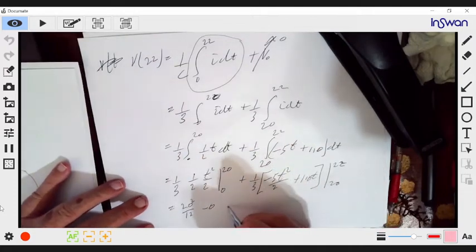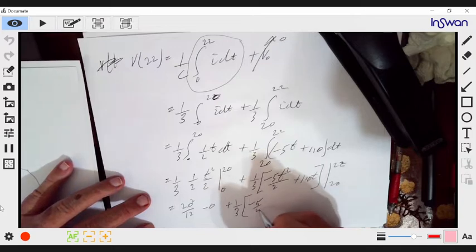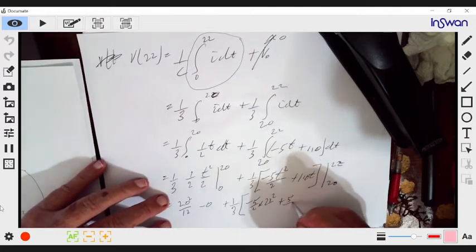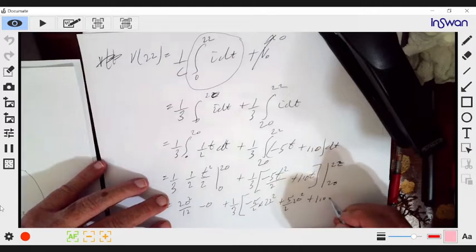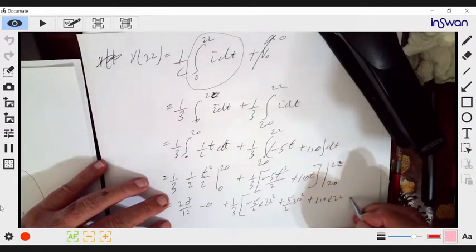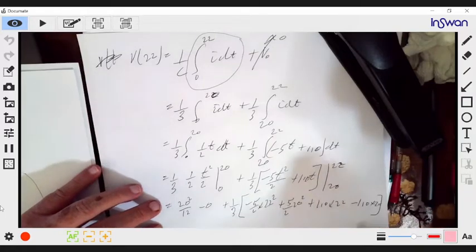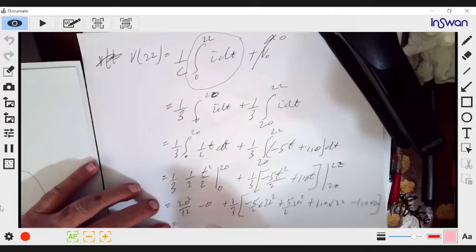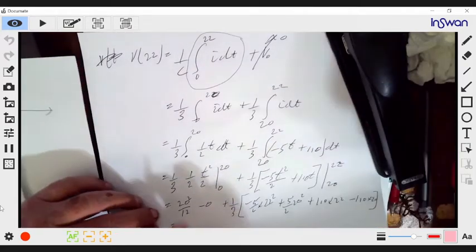And this one here is plus the third, minus 5 halves times 22 squared plus 5 halves times 20 squared plus 110 times 22 minus 110 times 20. So that's 20 over.